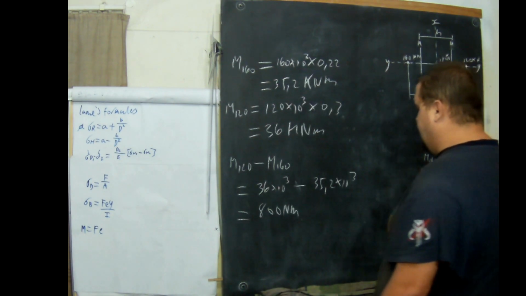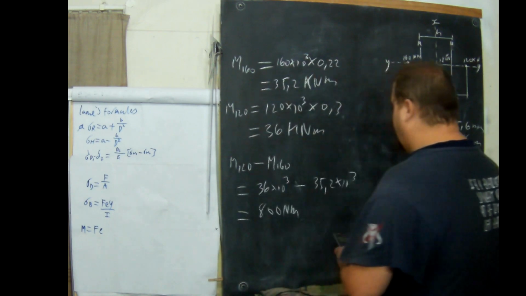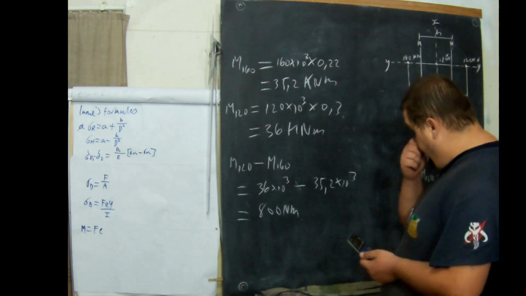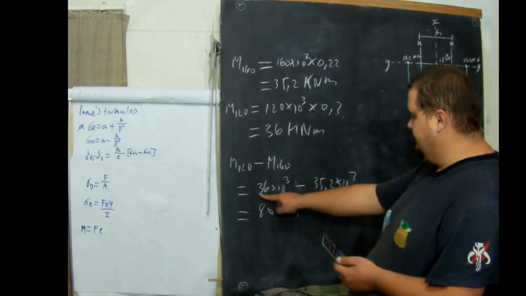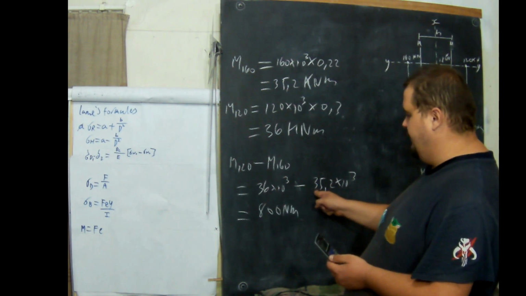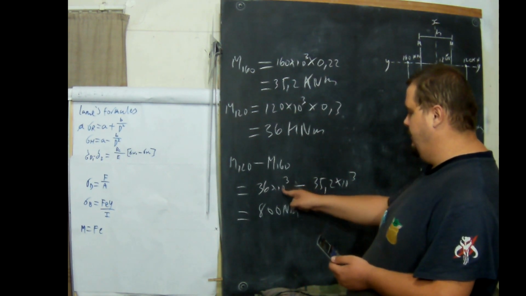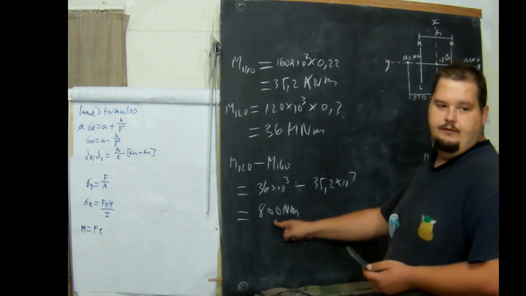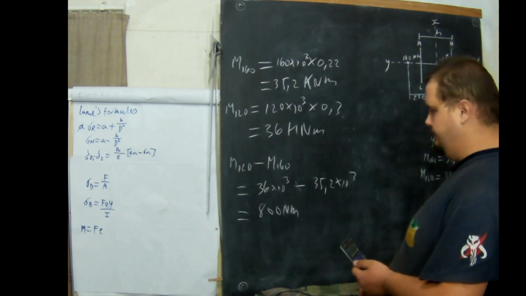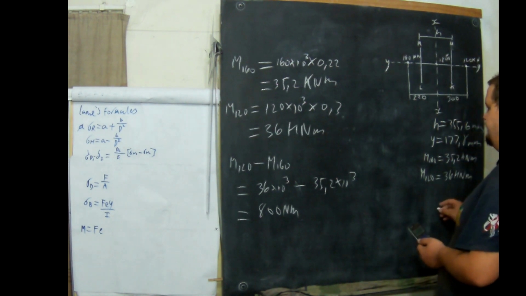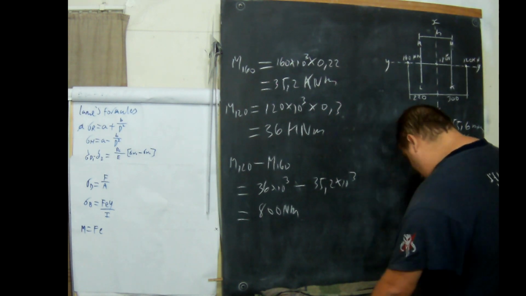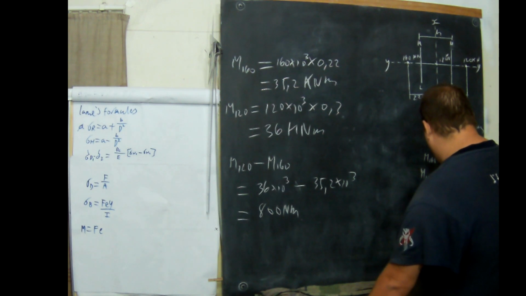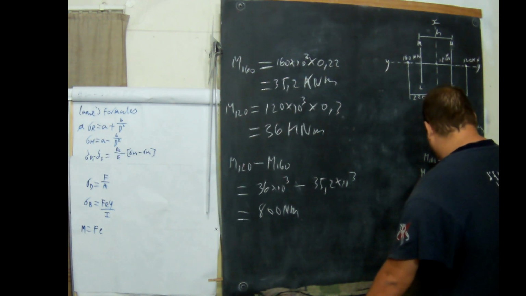You can easily work that out: 36 minus 35 is 1000, 1000 minus 200 is 800. So at NK, 800 Newton meters.